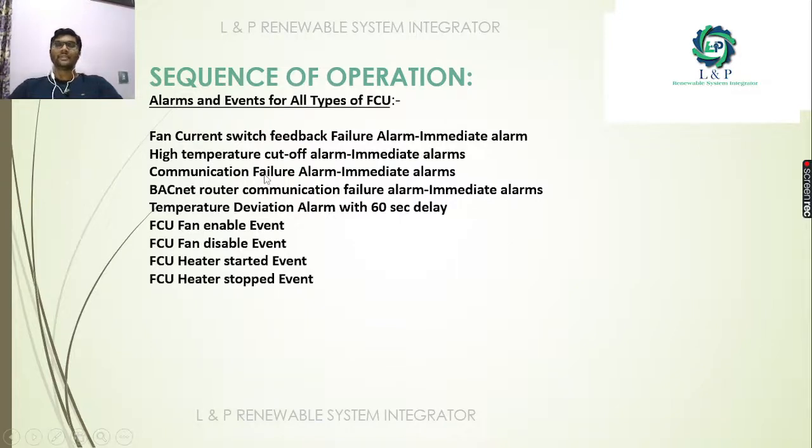And normally from the field, in order to communicate with the servers, BACnet routers will be used. If there is any communication failure in the BACnet routers, we can raise alarms. And as I told earlier, if the temperature is not achieved, then we can go for a temperature deviation alarm, and we can take the events of what time the FCU is enabled and disabled, and what time heat is enabled and disabled. Those events also we can monitor.